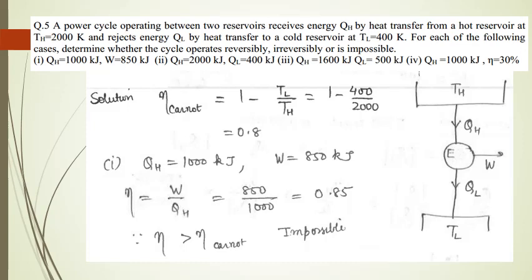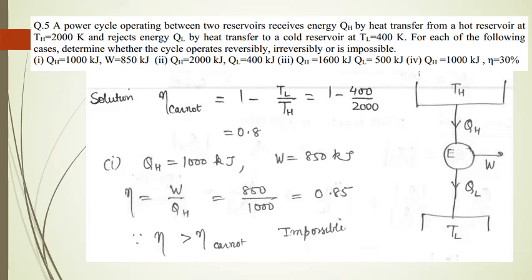And that is for sure, if any reversible heat engine is going to operate between these two temperature limits, it is going to have the maximum efficiency for any engine operating between these two reservoirs, having these temperatures of 2000 Kelvin and 400 Kelvin.